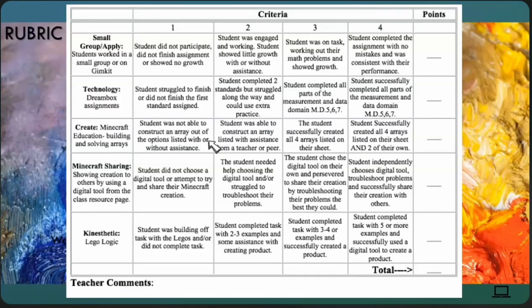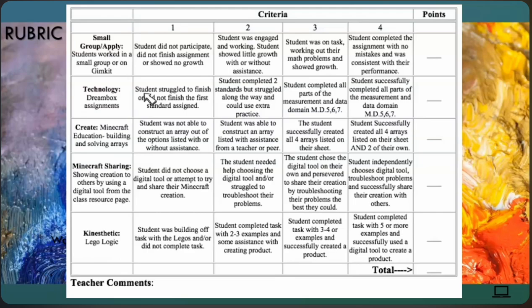Okay, on that, students also are receiving a rubric. They keep this in a page protector and can use dry erase marker. They keep track of their work and what they believe is their score for their performance.